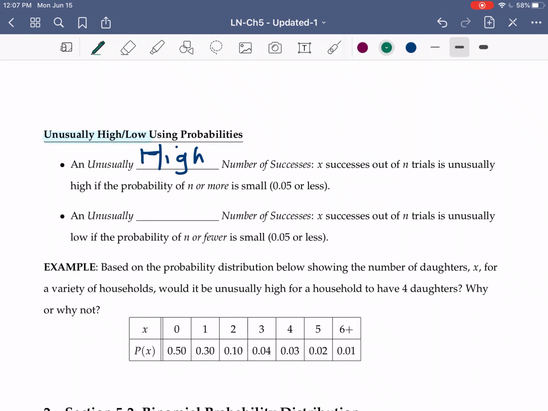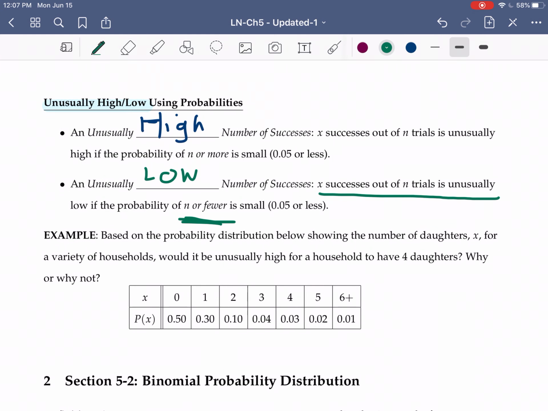And we think of something being unusually low if x successes out of n trials, we look at x or fewer, has a probability that's less than 0.05. We could think about other values there, but 0.05 is the value we tend to look at initially.